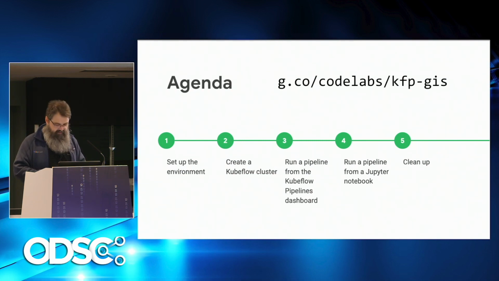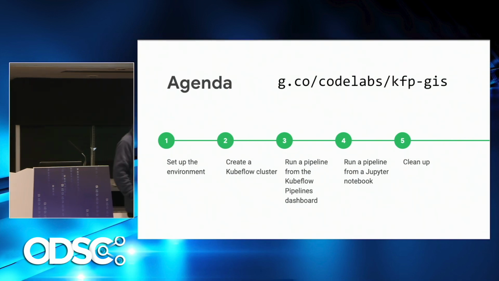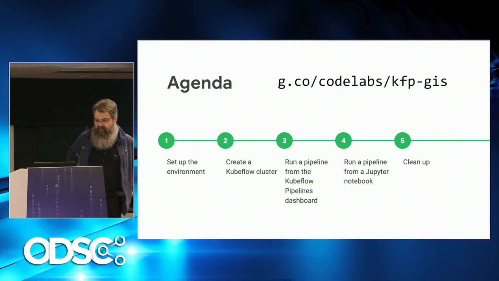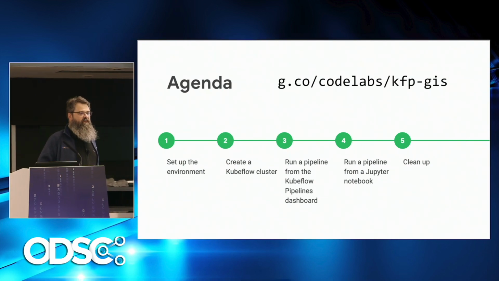So for the next hour or so, I will go through a code lab. If you want to note it, to write it down, the code lab is available on the Google developers website. I strongly encourage you not to do it at the same time as I'm doing it, because it takes quite some time, right?